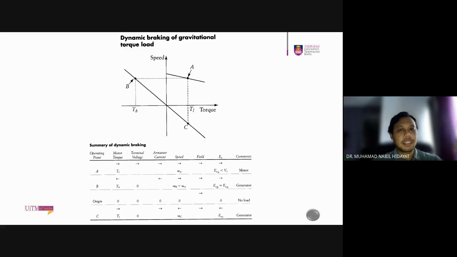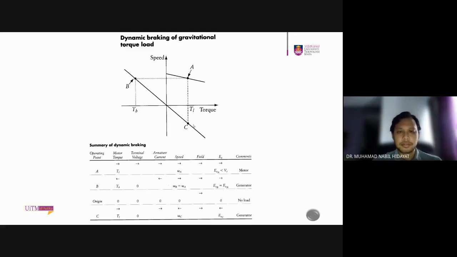For example, in C, it will have a region where the speed will continue to turn the vehicle in a reverse direction. So C explains that condition.